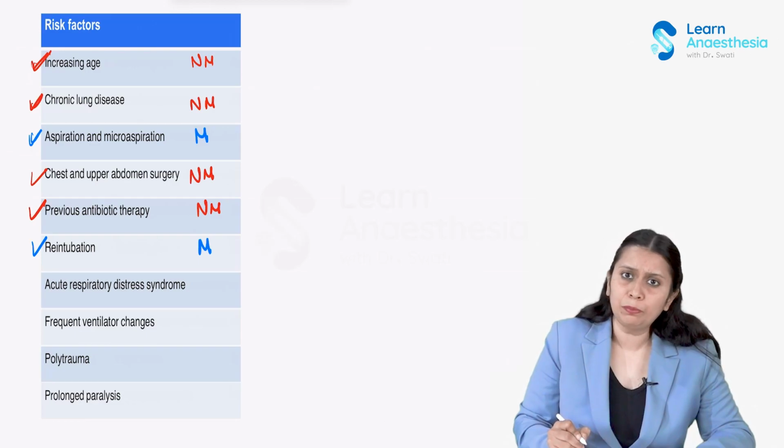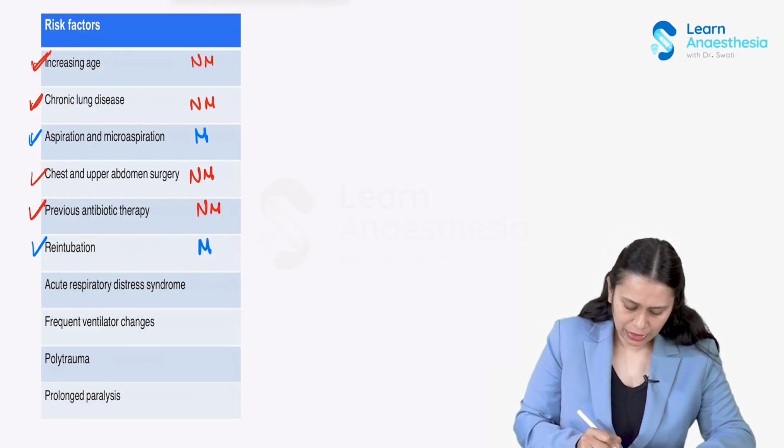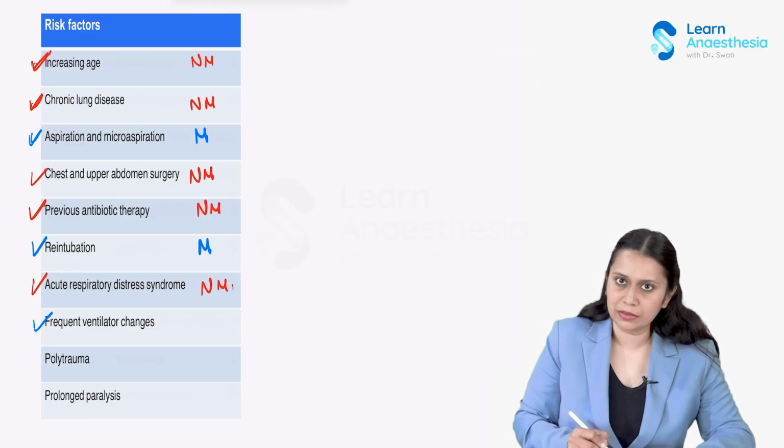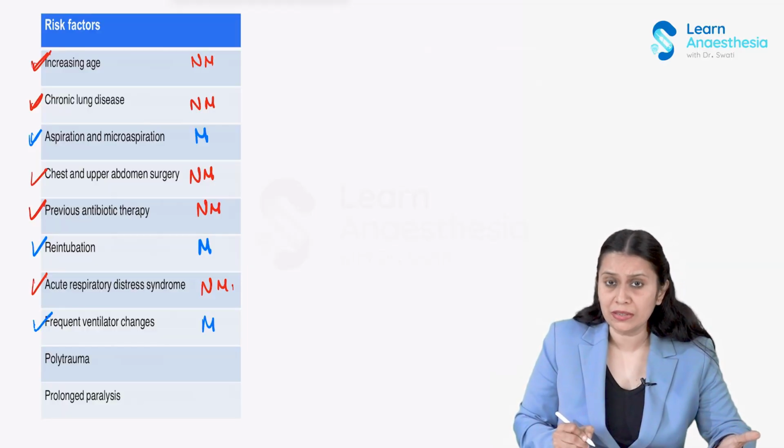We need to plan properly to prevent any reintubation in these patients, which increases the incidence of VAP. Then acute respiratory distress syndrome, non-modifiable. Frequent ventilator changes. We should not practice frequent circuit and ventilator changes, which is a modifiable risk factor.